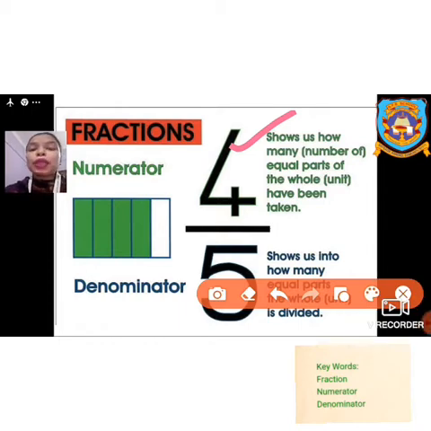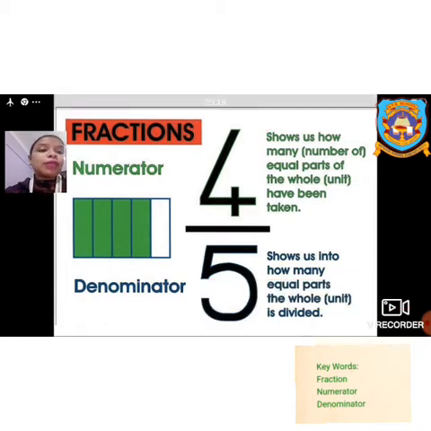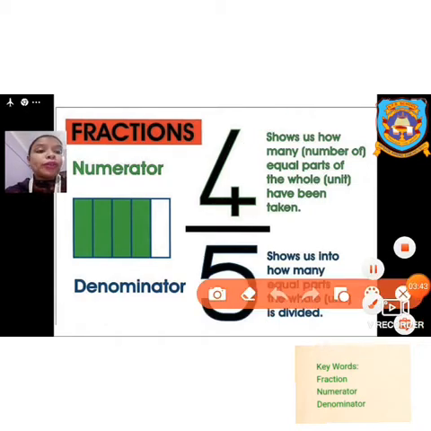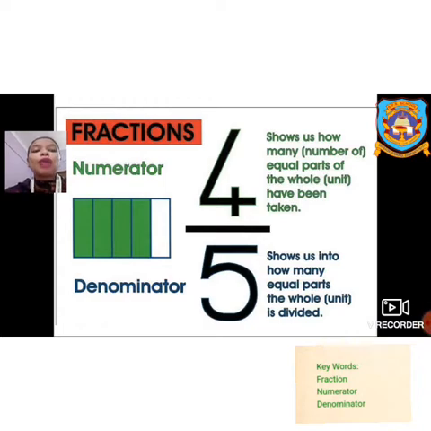This rectangle has been divided into 5 equal parts, and out of 5, 4 have been taken. It can be taken, shaded, dotted, eaten, depending upon the object. And the 5 shows us into how many equal parts the whole is divided.